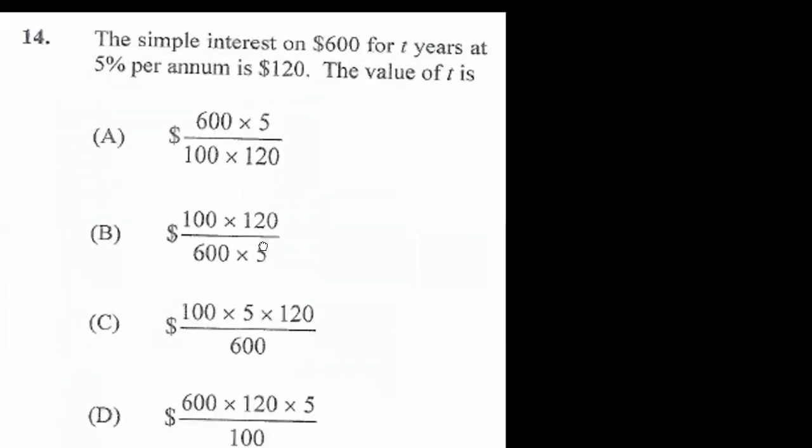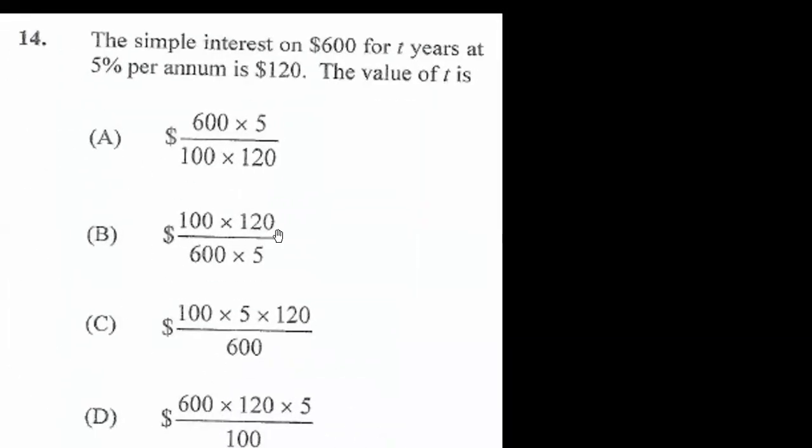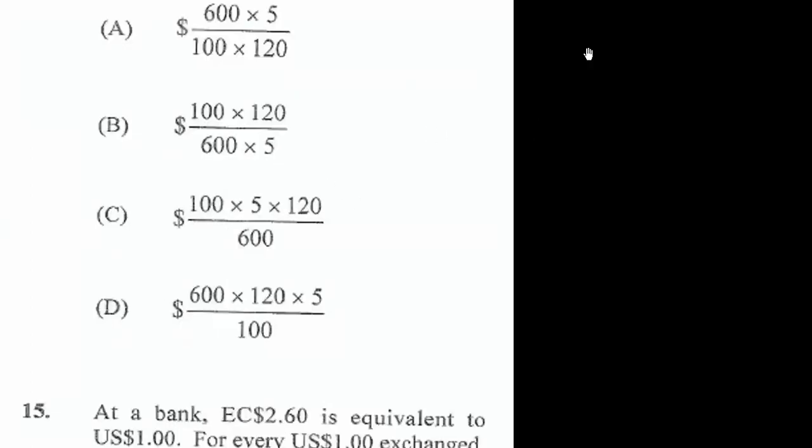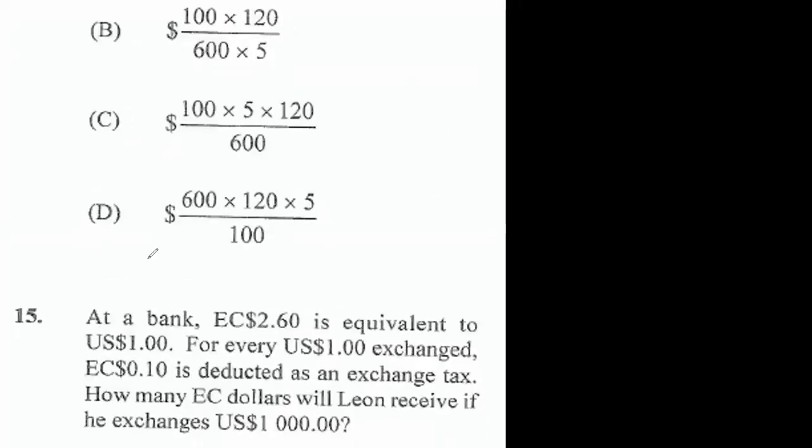You have to find T here, which is the number of years it will take for you to get $120. Now, if you work this part out, you can clearly see this zero cancels with a zero. 6 by 5 is 30, and 30 by 120 would be over 1,000 years, which doesn't make any sense.